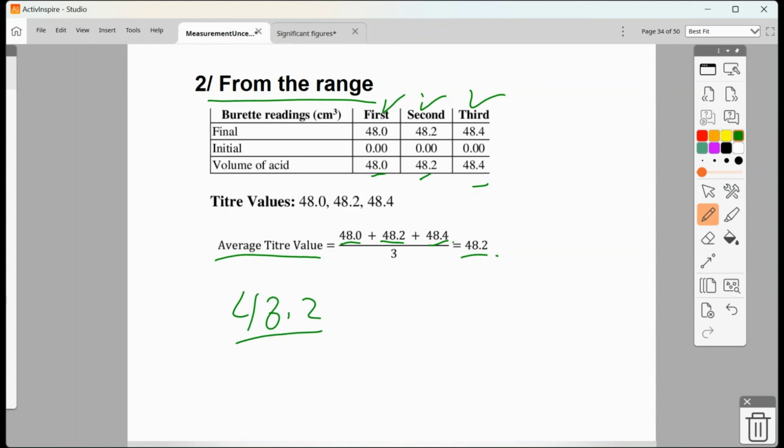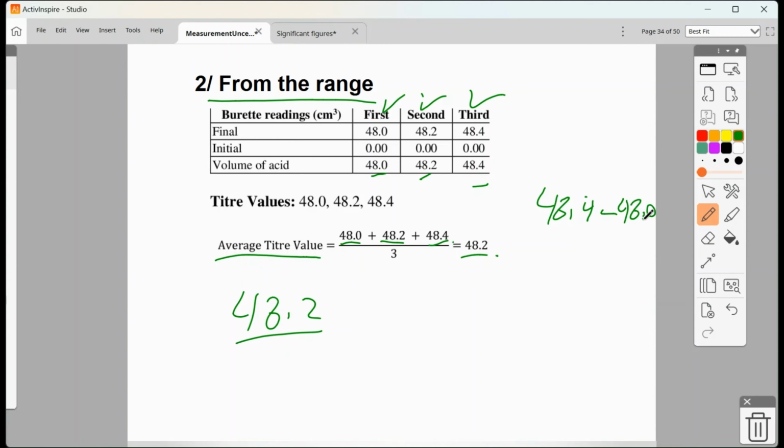Now how do we find the uncertainty from the range? The range is the highest value, which is 48.4, minus the smallest value, which is 48.0.